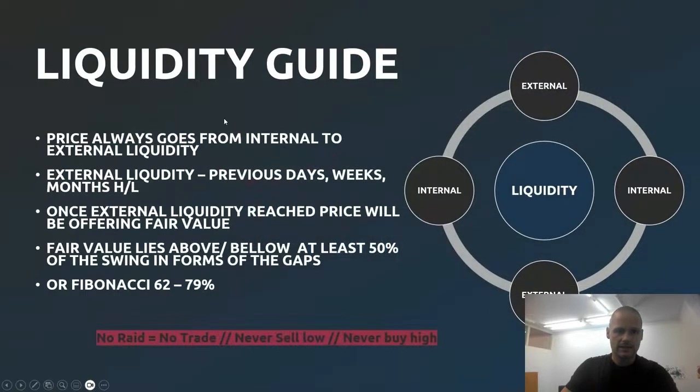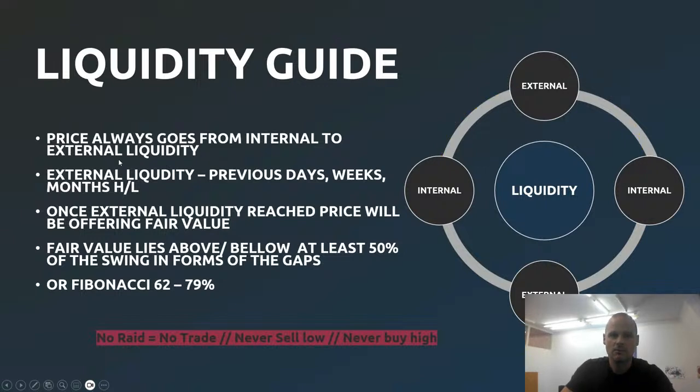Yeah. So here is a simple liquidity guide, right? Market always goes from the internal to external, from external to internal, and this process keeps repeating up and down, right?